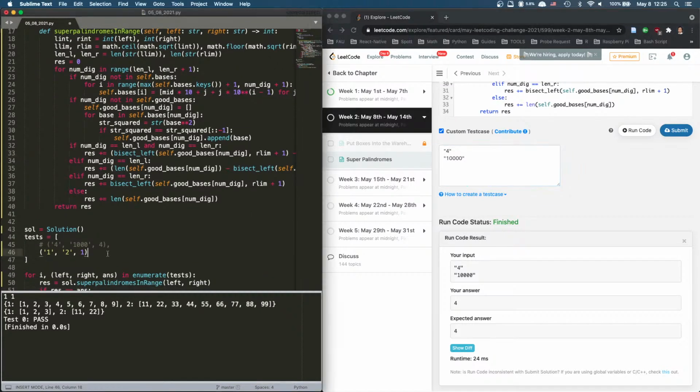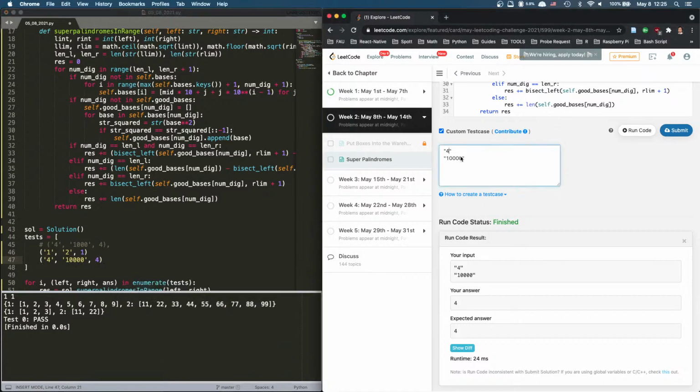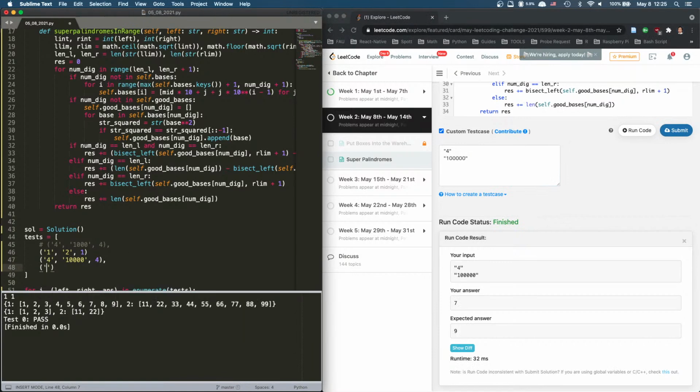So yeah, we just keep adding test cases. 1, 2, 3, 4 is going to be 4. That's not challenging. How about this? Yep, here we go. Now we have an error. Okay, so 4, 1, 2, 3, 4, 5.